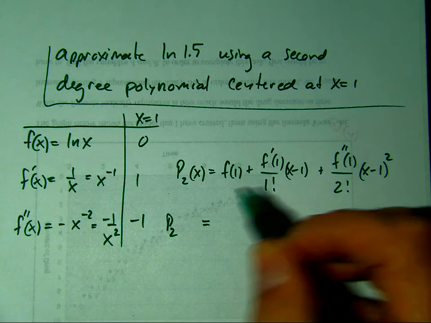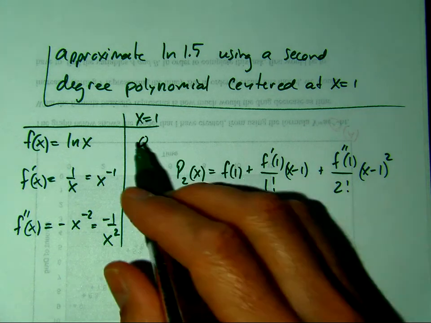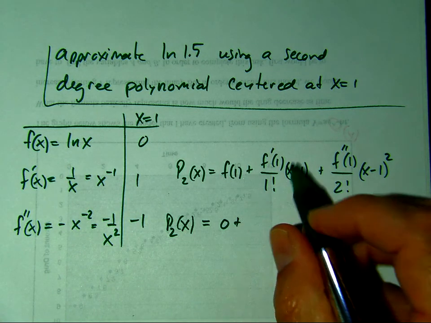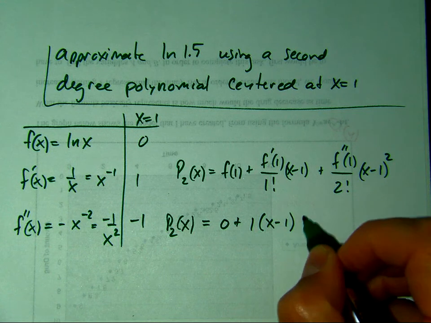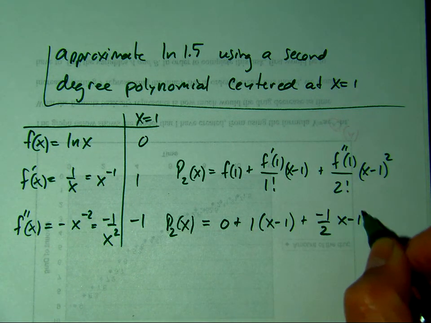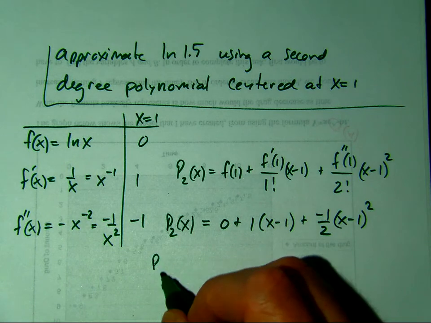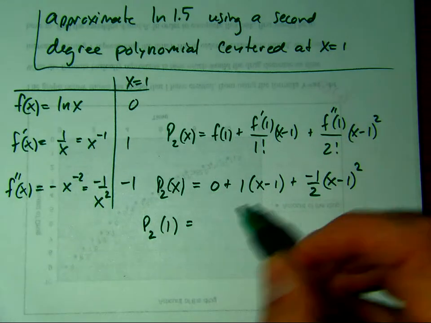Let's substitute: f of 1 is 0, f prime is 1, f double prime is negative 1. Then we will evaluate it at 1, so we put a 1 there and we get 0.